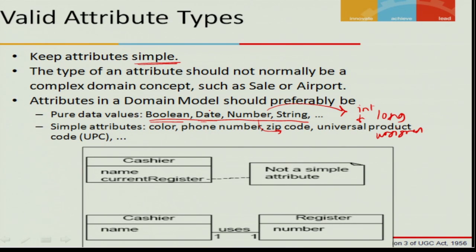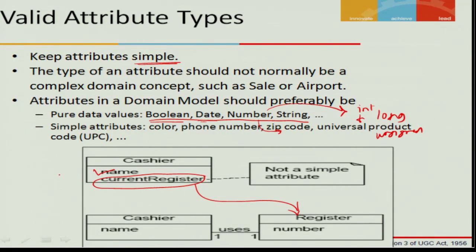Don't use complex attributes. For example, name is simply a string attribute, that is fine. But look at this: current register is a variable of type register. Don't have such complexity in the domain model. You should identify simple attributes like name, date, number.